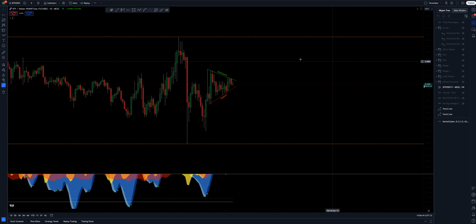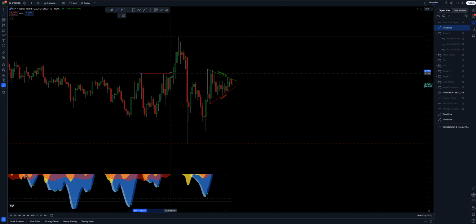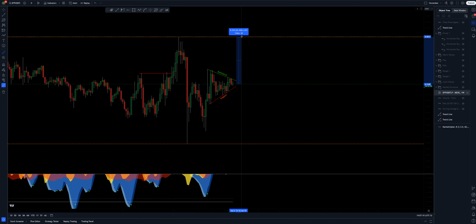Now, we know market structure on the daily is bullish, because we had a bullish break right here. Okay, and we know now that this could be just a low to take out this high. Now that's quite a reach of a target, but it is an overall target. It's about 21% from where we are currently.